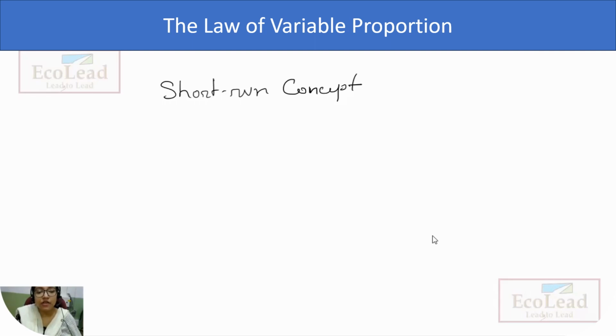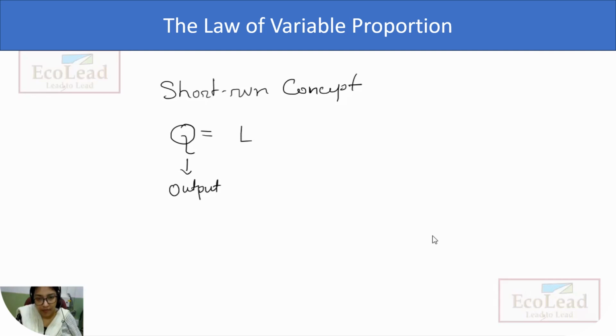So production function, we can write it as Q, where Q is the output. So we will write here Q is the output, and this output depends on the inputs. So here we will take two inputs.